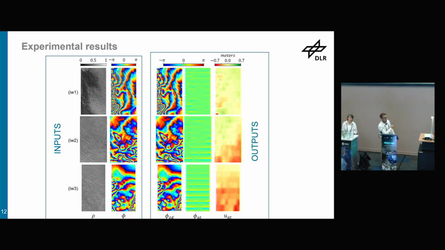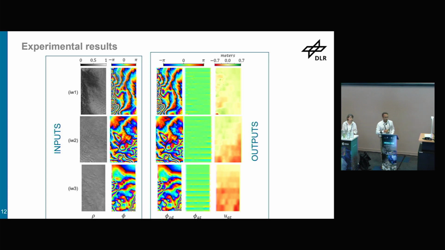Just one small comment. I'm showing you the three subsets. In the first row, you can see the first subset, and in the first subset we have a low coherence. Our algorithm is also doing denoising, and you can see it on the zero Doppler phase.